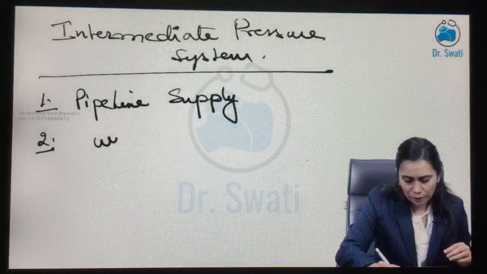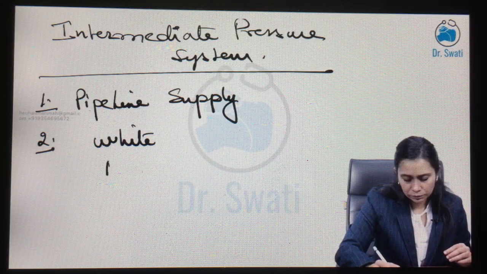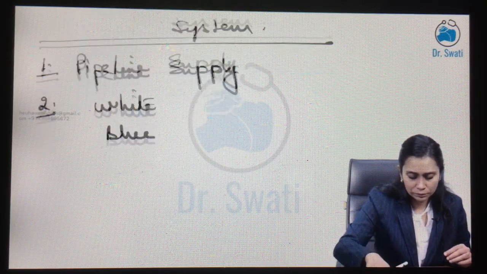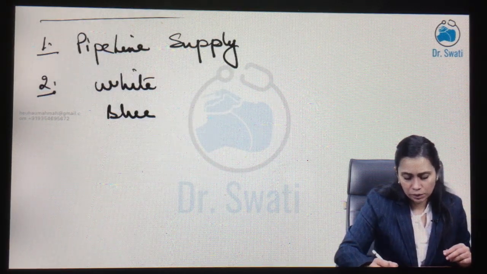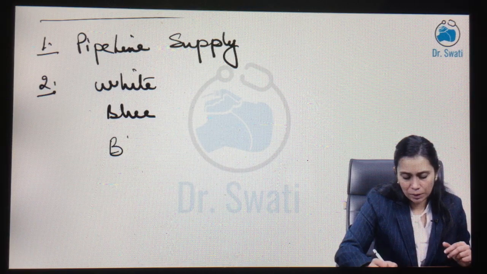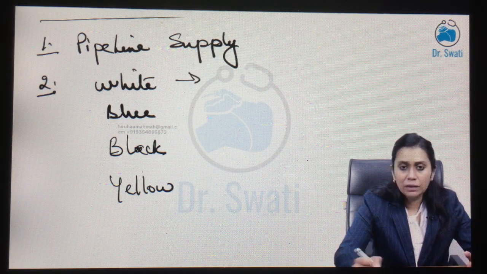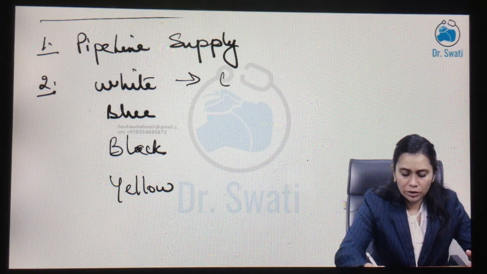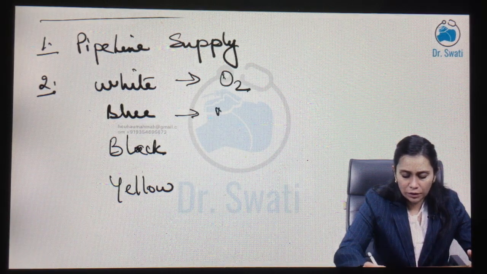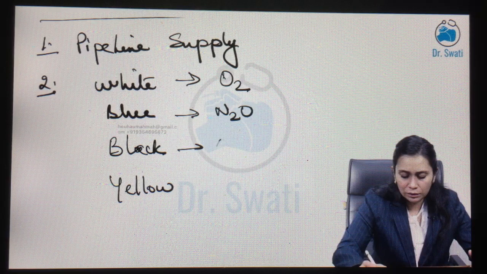You may have noticed color coding for the pipelines: white color pipeline, blue color pipeline, black color pipeline, and let's say yellow color. White color is for oxygen, blue for nitrous oxide, and black for air.